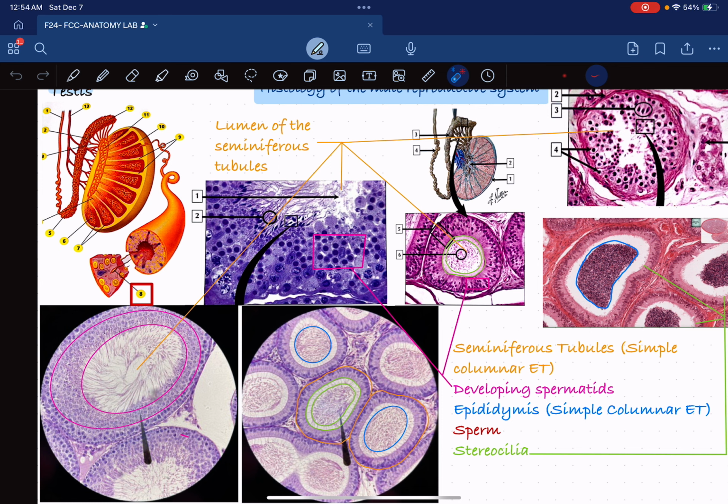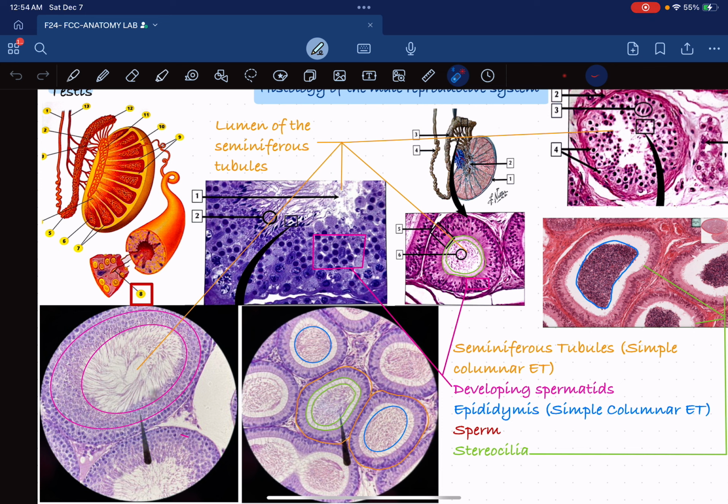There's many. That's made out of simple columnar epithelial tissue. And the lumen of the seminiferous tubules are identified in the middle, this white portion. The developing spermatids are these darker circles, and it can be identified along here, and over here, over here. No, that's not very good. Over here.